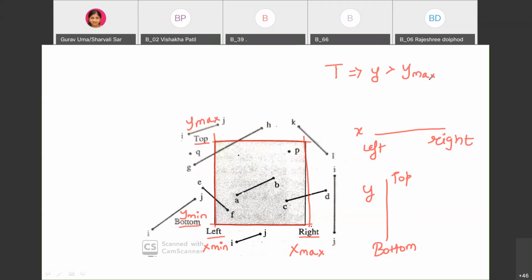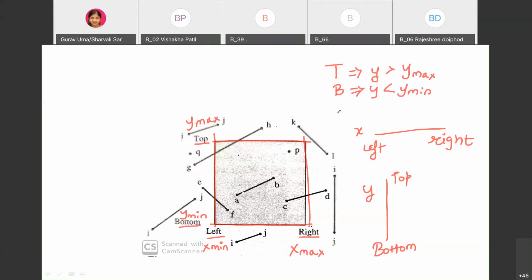If it is above y max, then we will consider it as top. And bottom will be called when y is less than y min. So if y is less than y min, we will call it bottom.